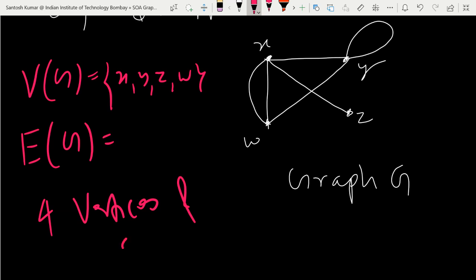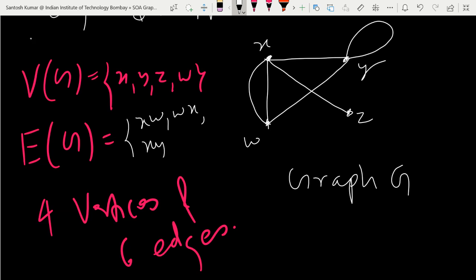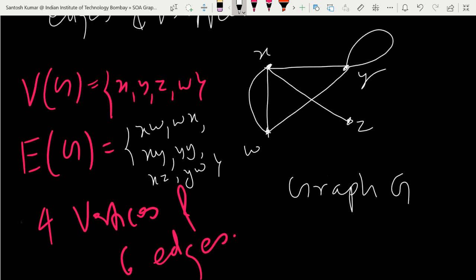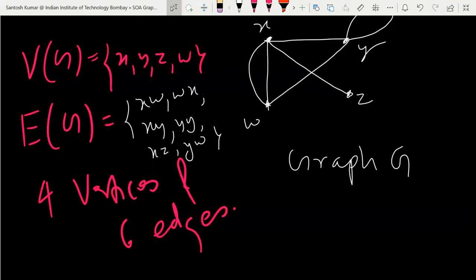Six edges. Yes, you are right. Six edges. So how would you name them? Like you can say XW, WX. Yes. Then XY, YY. Then XZ. Yeah. Then YW. I think that's all. Okay. So this graph has four vertices and six edges.